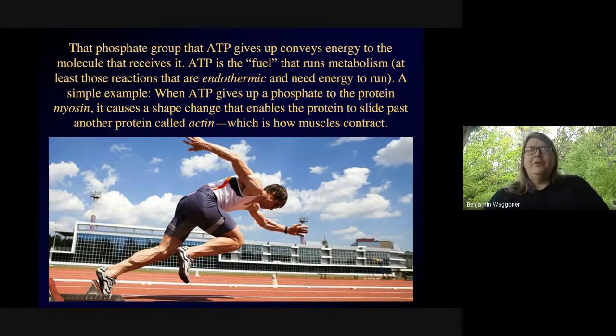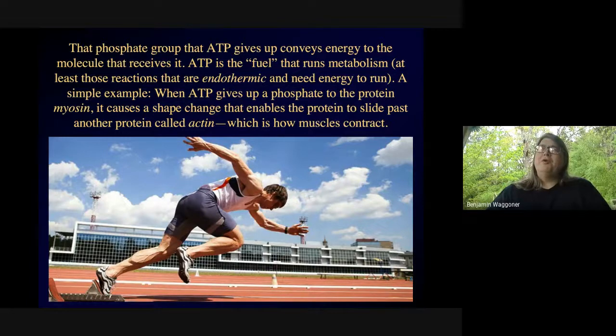Part of the myosin protein will actually break up ATP. So ATP molecules will come up to the myosin protein, give up a phosphate, and giving up that phosphate causes the myosin protein to change shape.